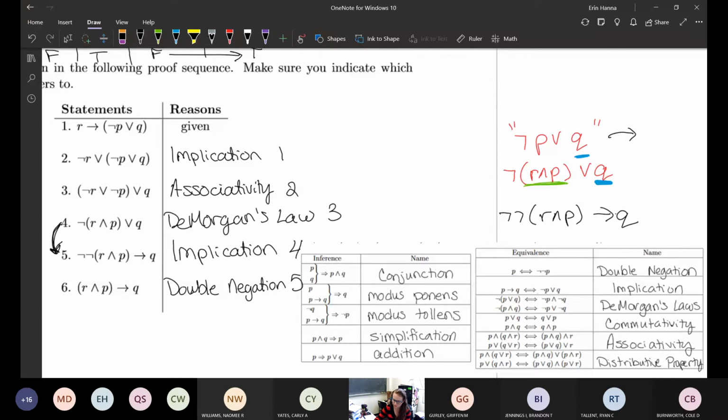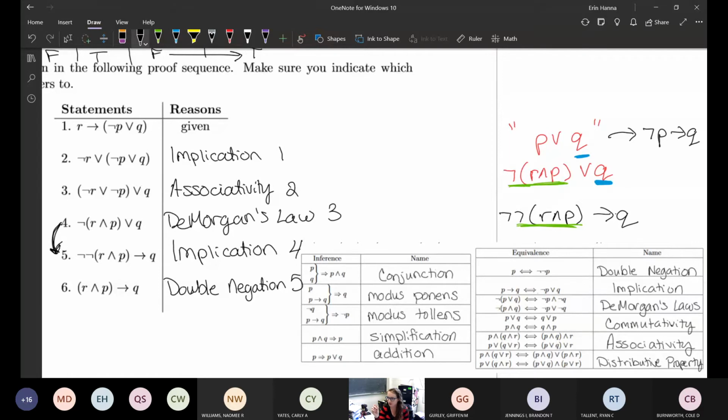Let me just do one thing. I know no one said they needed it, but I'm going to do it anyway. Essentially, the way you think about it is, I can rewrite the implication rule as P or R goes to not P implies Q. Like I can totally change that around. It's perfectly fine as long as I'm consistent.